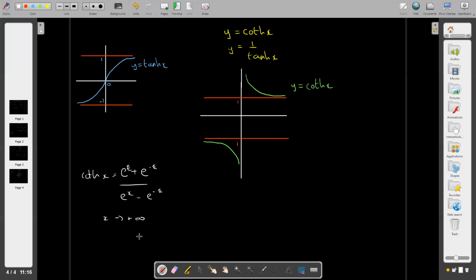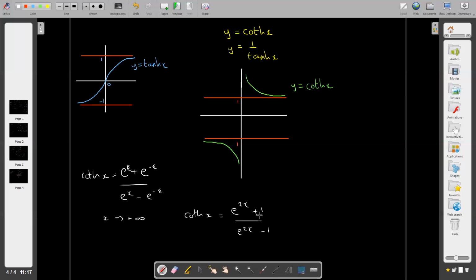Maybe it's easier to see if I multiply everything by e to the x. So coth x is the same thing as e to the 2x plus 1 over e to the 2x minus 1. So as e to the x gets large, these two numbers are barely distinguishable. You can't really tell. For large numbers, like 1,000,001 and 1,000,000 are very close.